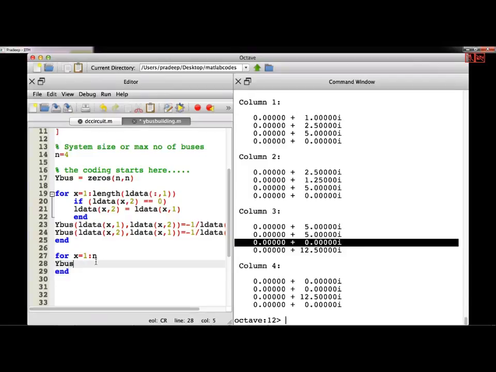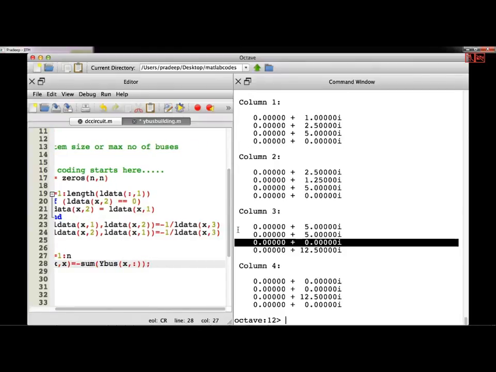y bus of x row x column is equal to minus sum of y bus of x row all columns. That's all. I'm just taking row wise addition and then I'm adding it to Y like this.